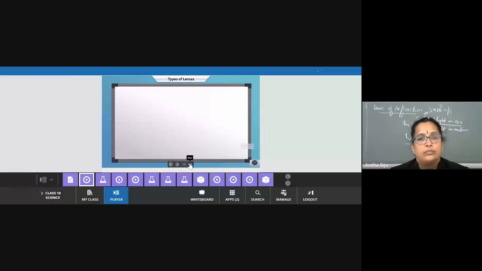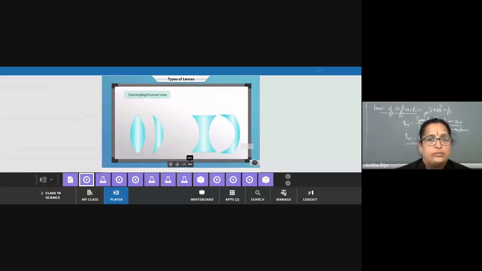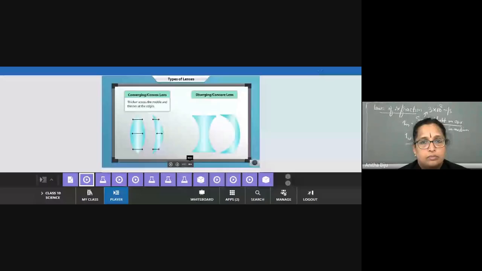There are two types of lenses: converging or convex lens and diverging or concave lens. The convex lens is thicker across the middle and thinner at the edges. The concave lens is thinner across the middle and thicker at the edges.